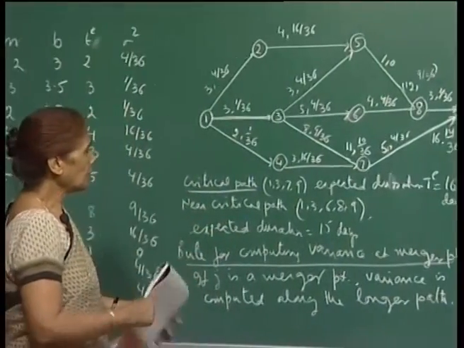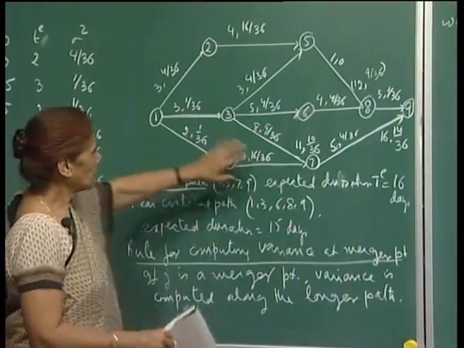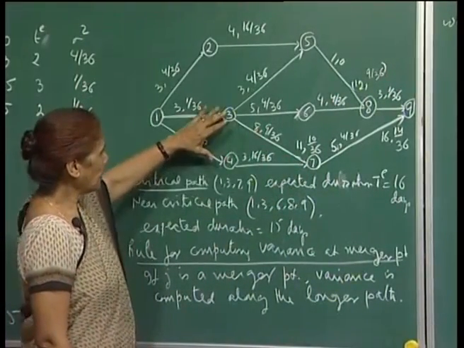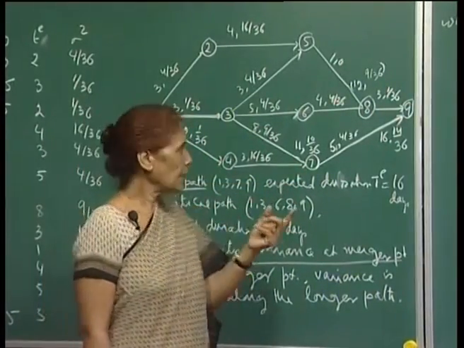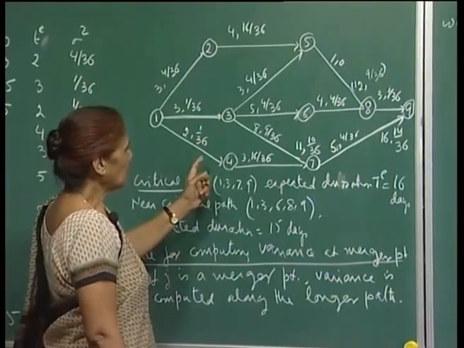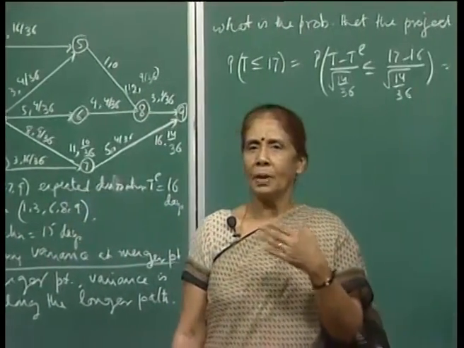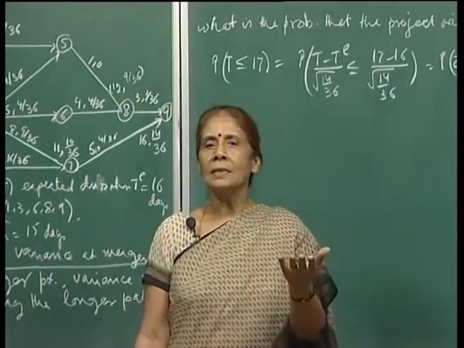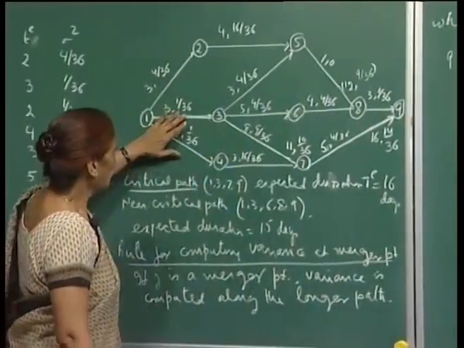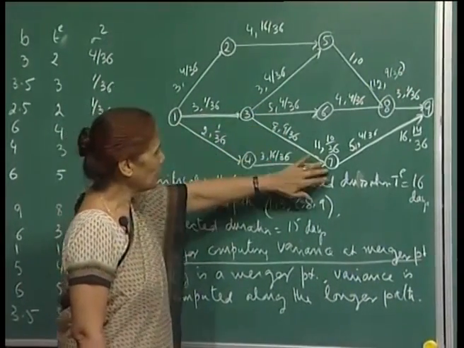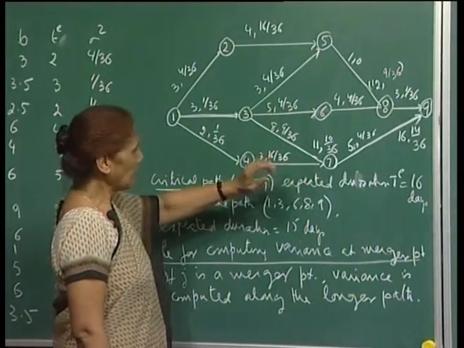What happens at merger points? For example, at node 7, two paths are merging. If the lengths of the two paths are the same, you break the tie by taking the path with the larger variance, because the uncertainty is higher there.